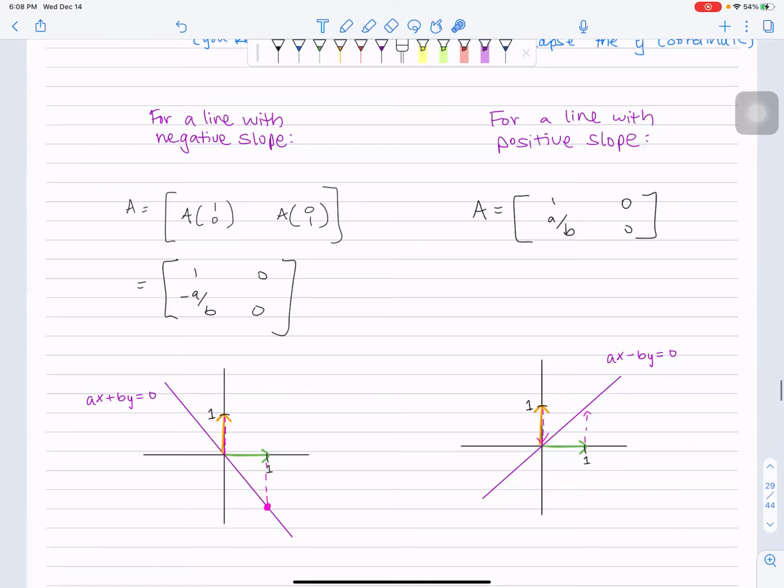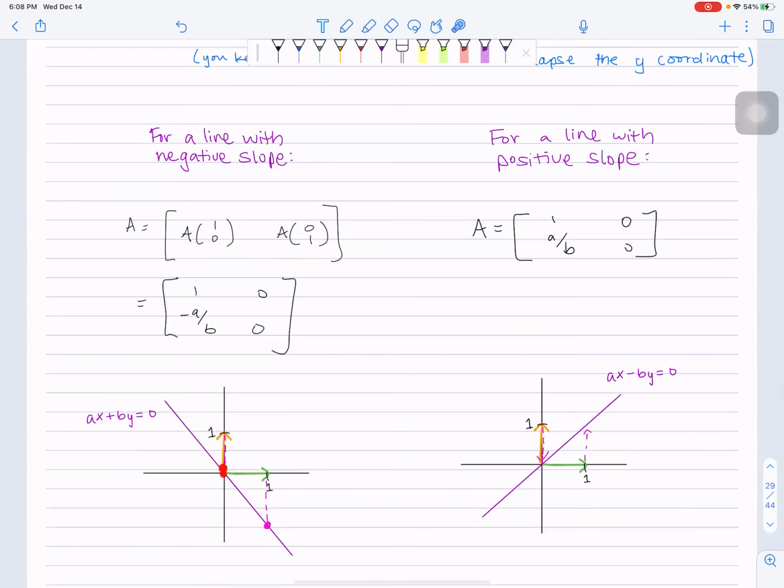So for example, here, let's say I have my original i and j vectors, and I want to project it to some line, some ax plus by equals 0 line. If I project it vertically, what do I do? Well, this green vector goes down because I'm projecting vertically. It goes down to whatever this pink dot is, and that pink dot ends up being the point (1, negative a over b).